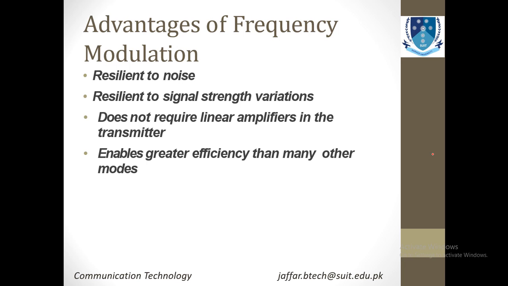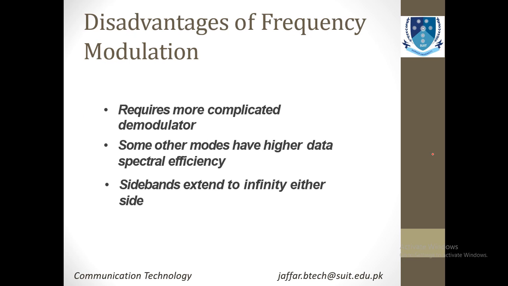Our class C amplifier was there, but that is not a linear amplifier, I just told you, that is a power amplifier. And in the last, there is a greater efficiency of this modulation as compared to AM and any type of AM.